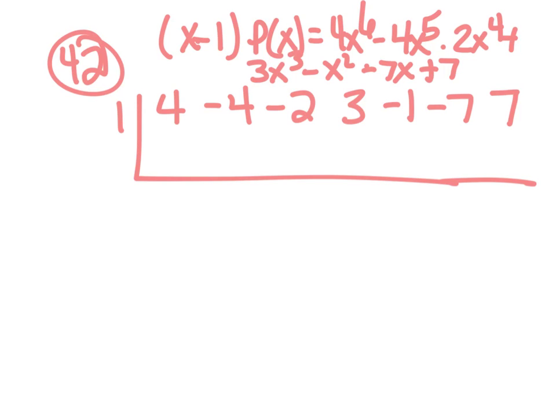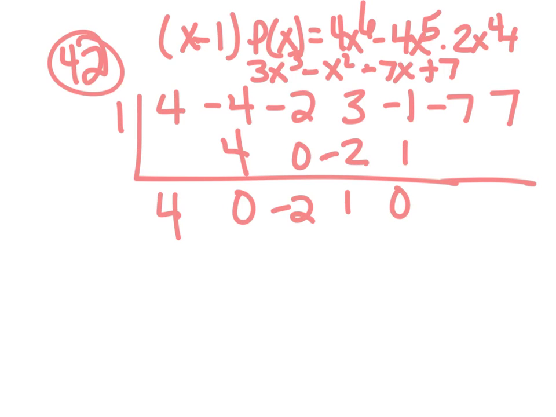And now I just do synthetic division, so bring down the first term, multiply when you're on the outside, add when you're in the middle. So multiply again, add, multiply, add, multiply, add, multiply, add, multiply, and it does work. The second part of the direction says use synthetic division to write the polynomial as a product.